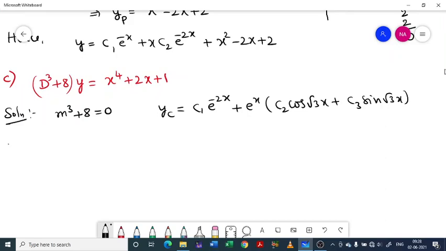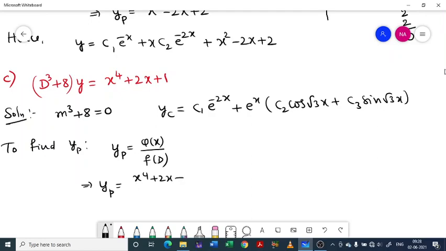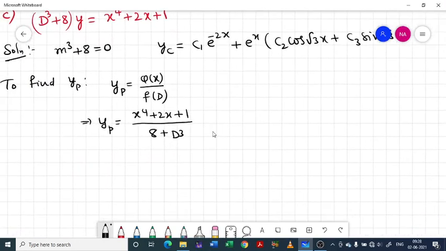Okay, to find yp, yp equal to phi of x divided by f of d. That implies yp will be x power 4 plus 2x plus 1 divided by 8 plus d cube.